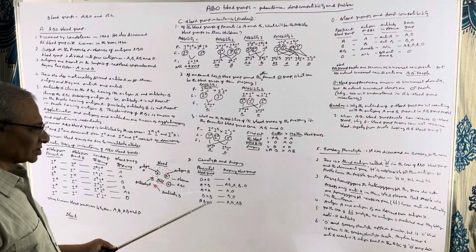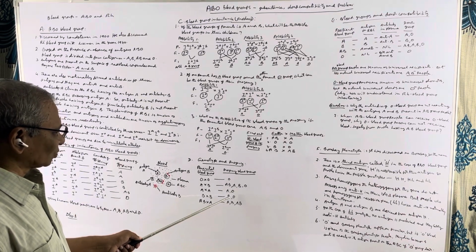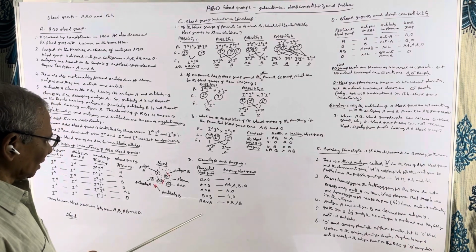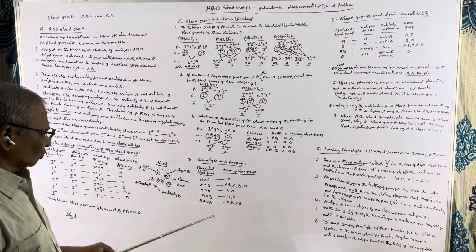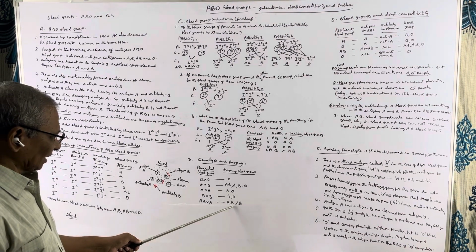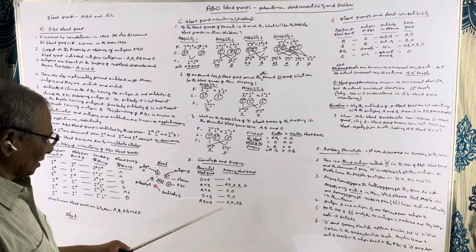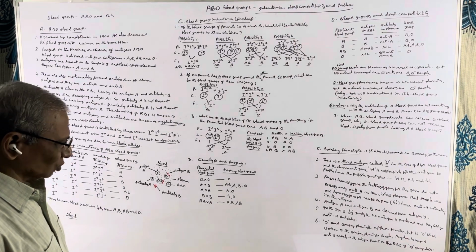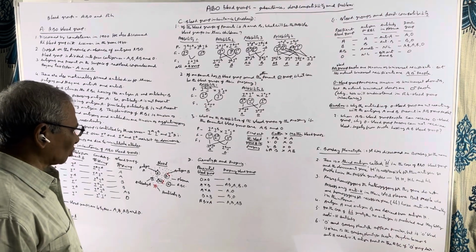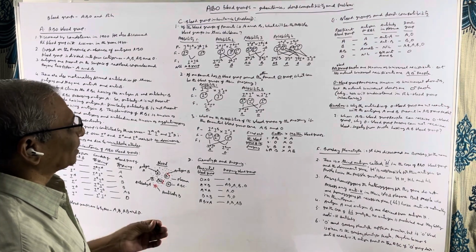If both the parents are of B group, the children may inherit either B group or O group. If one parent is of AB group and another parent is of A group, then what happens? The children inherit 3 types of blood groups. That is either A group, B group or AB group. This is about the inheritance of blood groups from their parents.